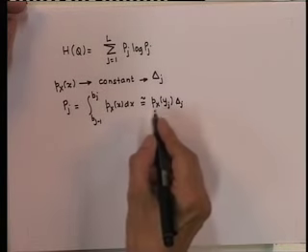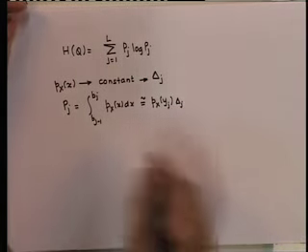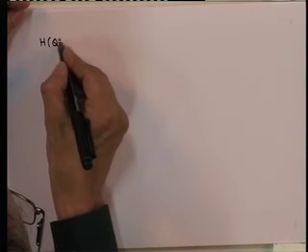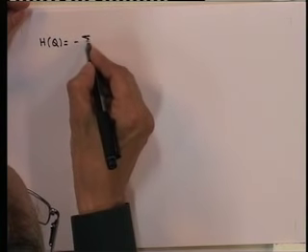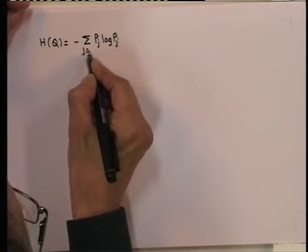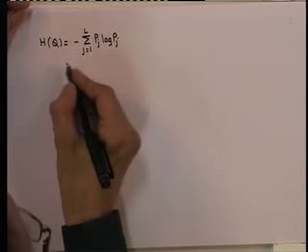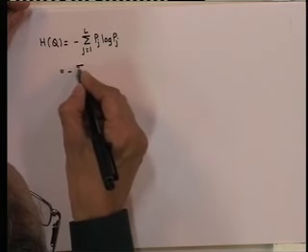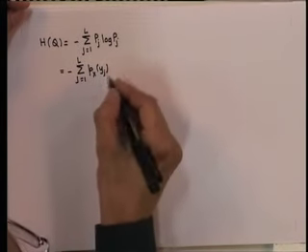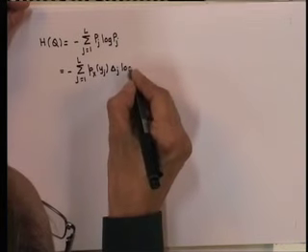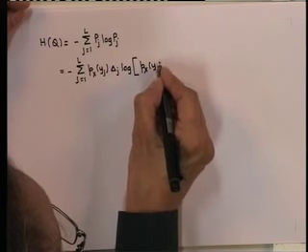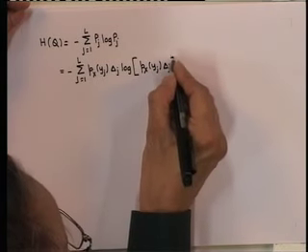So, using this we can rewrite the expression for entropy as follows: Hq is equal to minus summation Pj log Pj, j equal to 1 to L, and this can be rewritten as minus summation Pj log of p(yj) delta j.